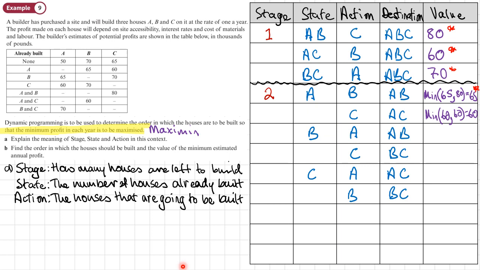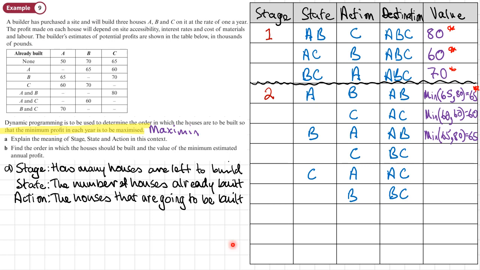And for this one, house B has been built, so we're looking at this column here, and we're going to build A. That will be 65, so min 65, and then AB is 80. So we want the minimum of 65 and 80, which will be 65.